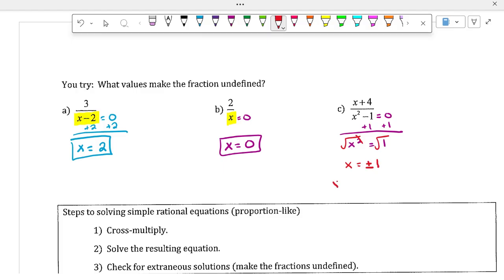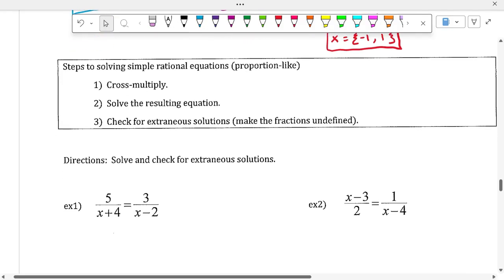Meaning, our values that can't work are both -1 and +1. Which that's true because if you plug -1 back in for x squared, that's 1 minus 1. 1 squared is 1, minus 1's both give you 0. So like I said, you can have more than one excluded value. All right, so you got to be careful, especially if you see an x squared in the denominator. That typically means you'll have 2.